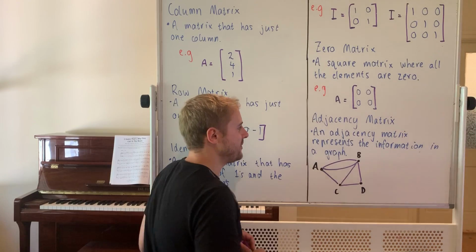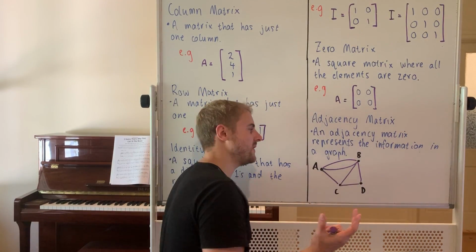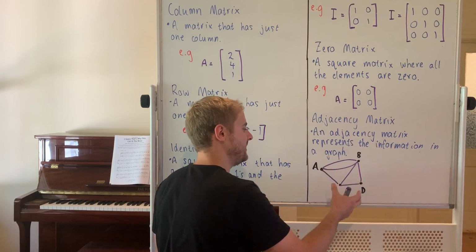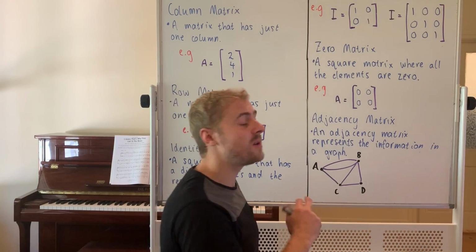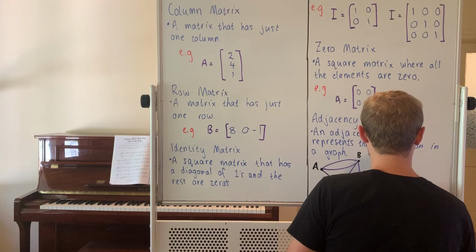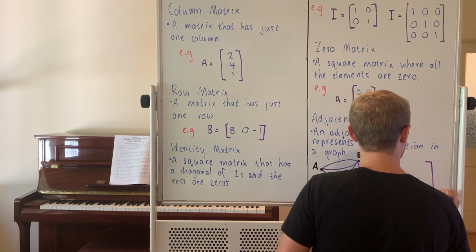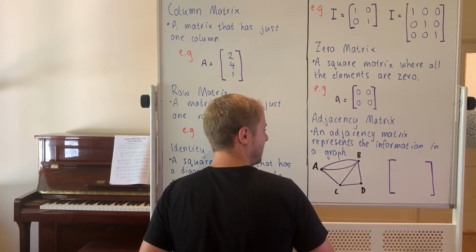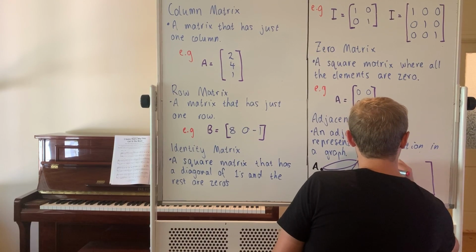So an adjacency matrix would represent this information. It's always a square matrix, and its order depends on how many vertices there are. There's 4 vertices here, so its order is going to be 4 by 4. Now typically we label the sides of an adjacency matrix, like so.